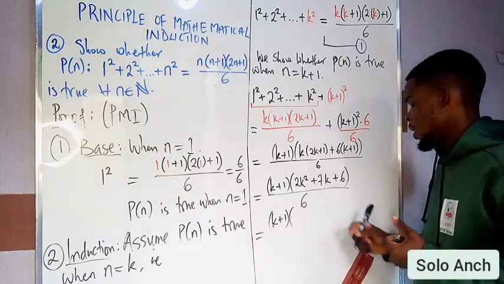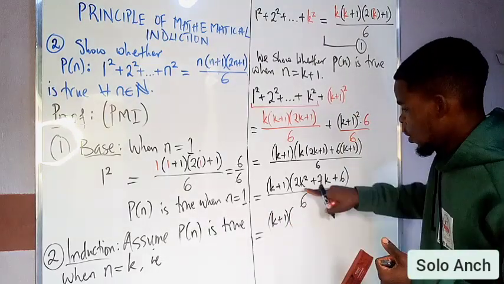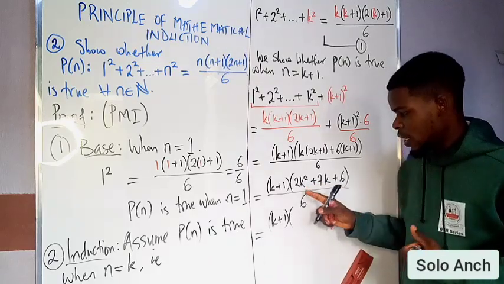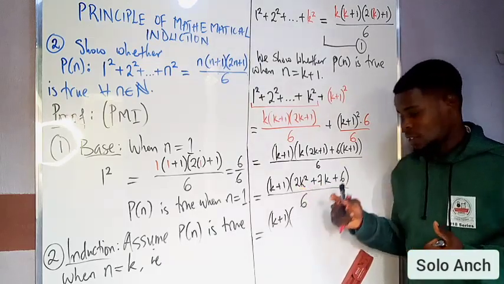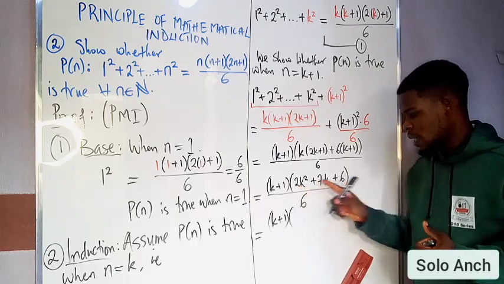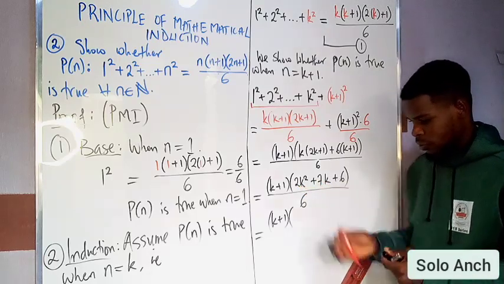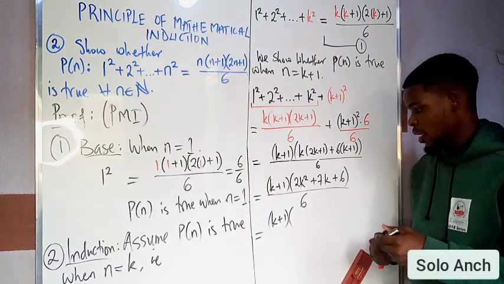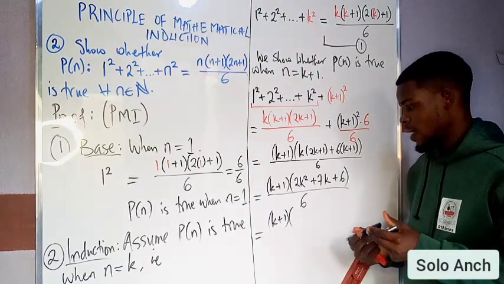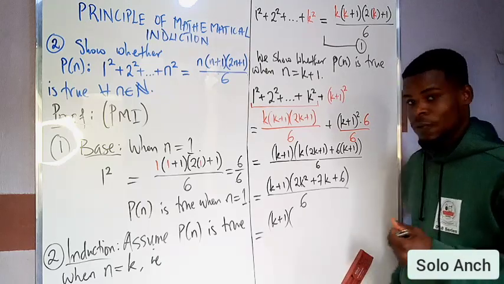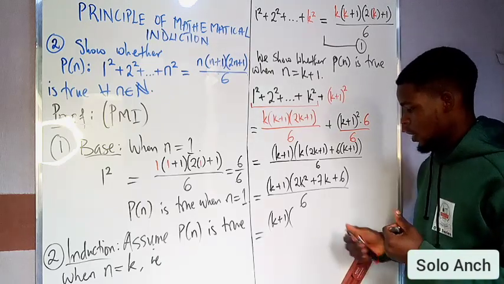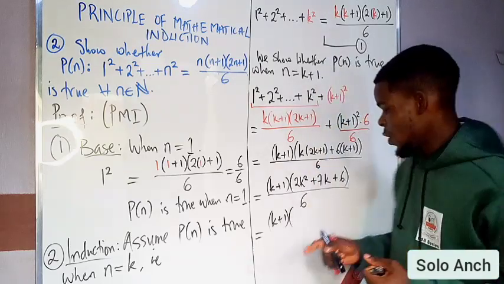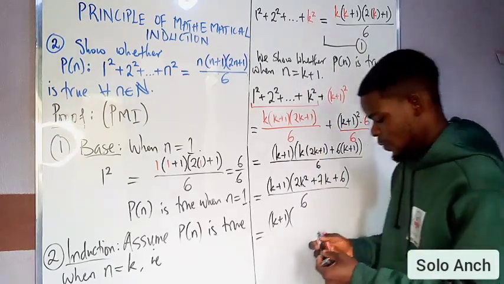Now, inside here, let's factorize this term. Notice that this is a quadratic. So to factorize a quadratic, where the coefficient of the k squared term is 2, right? So we just multiply 2 by 6. That will give us 12. We now think about two factors, which when we multiply, we get 12, and when we add, we get 7. Okay, so which two factors? That's 4 and 3. 4 times 3 is 12, while 4 plus 3 is 7.